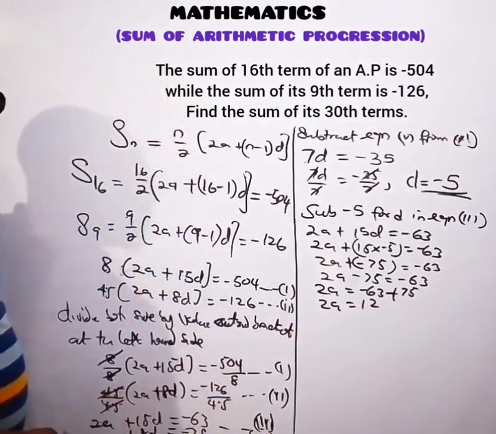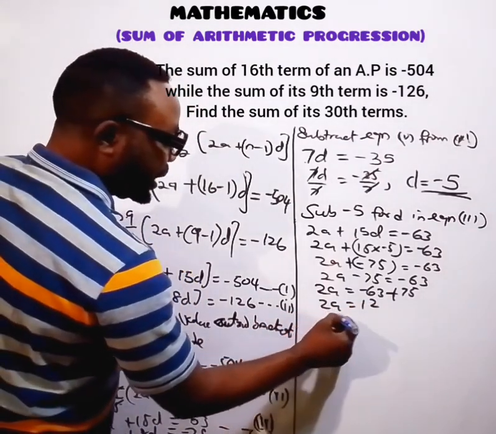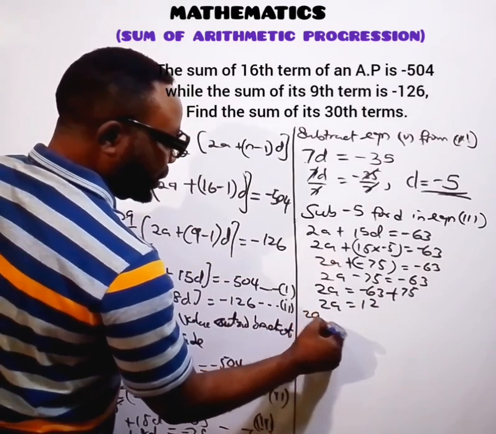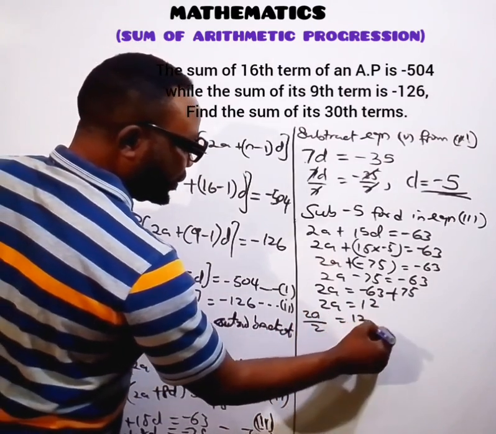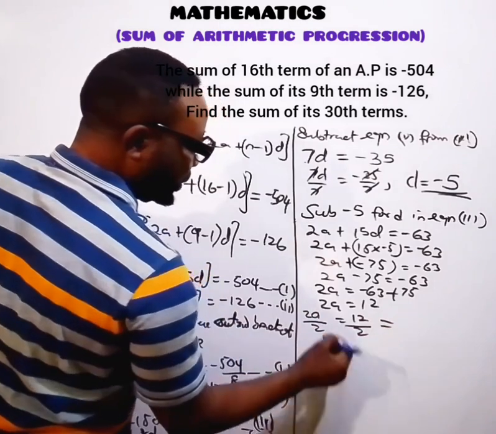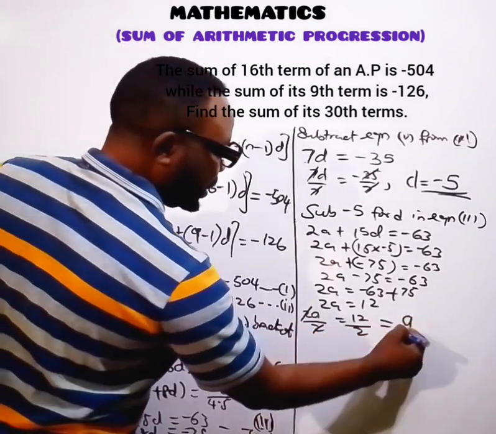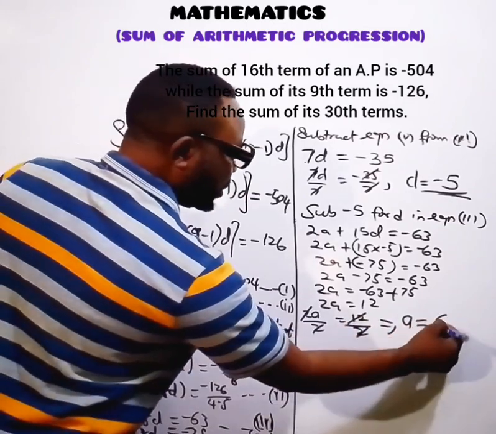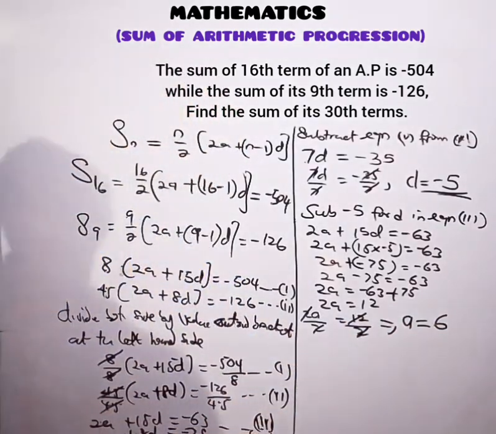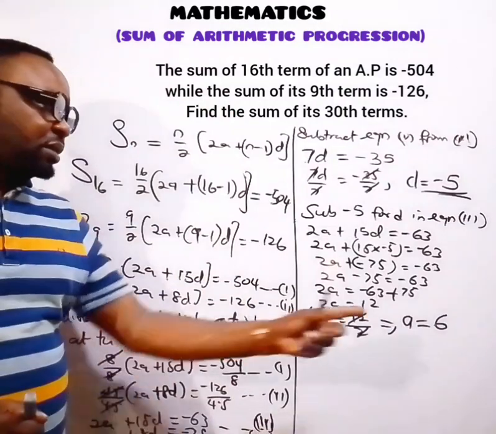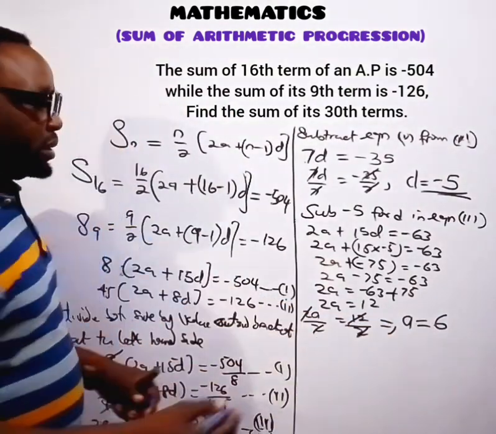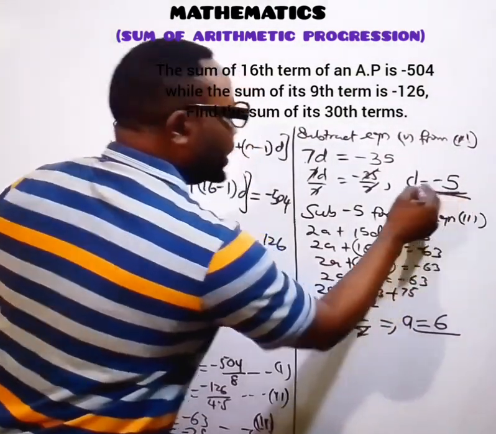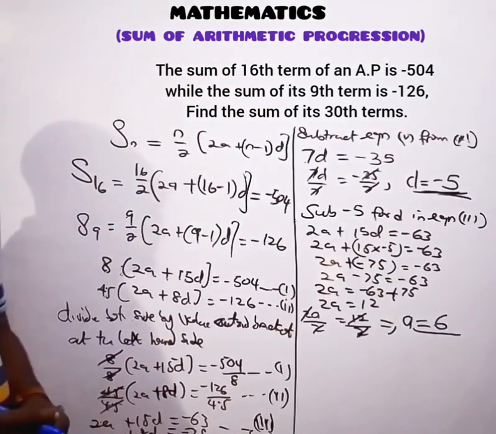For us to find the value of a, we divide both sides by 2. 2a over 2 is equal to 12 over 2, so a is equal to 6. So our first term is equal to 6, while our common difference is equal to minus 5.